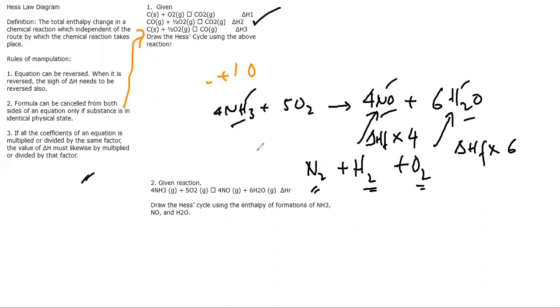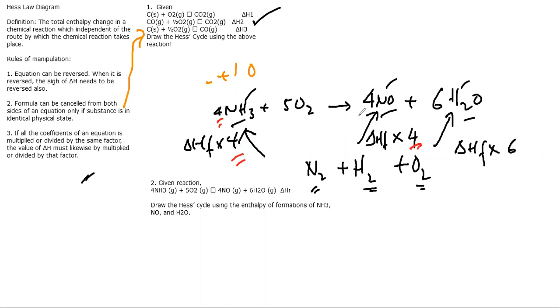And then if you go here, you will have the formation of ammonia. It's the formation of ammonia from nitrogen and hydrogen to give 4 molecules of ammonia. So I will write delta HF times 4 because I have 4 moles from the coefficient.